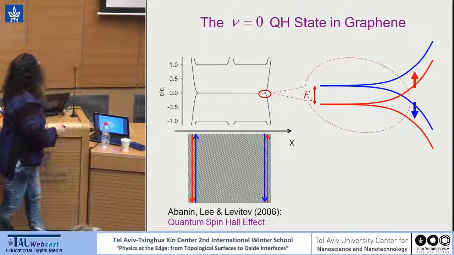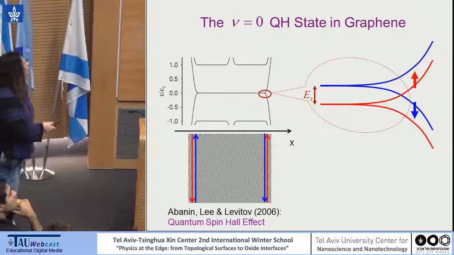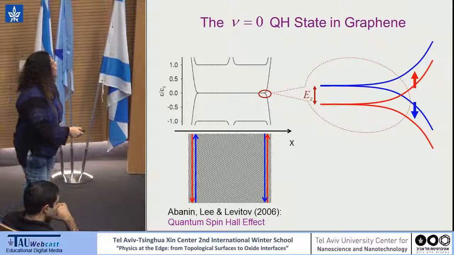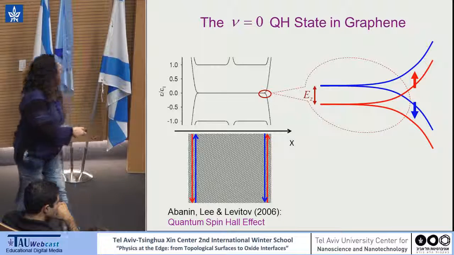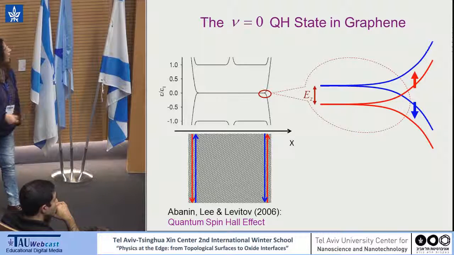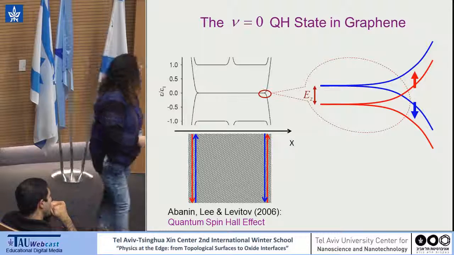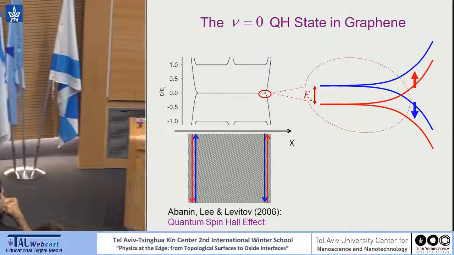Namely, we get helical edge modes, just like in the edge states of a 2D topological insulator. And about 10 years ago, it was actually suggested by Abanin, Lee, and Levitov to be a realization of the quantum spin Hall effect, but of course in a strong magnetic field.